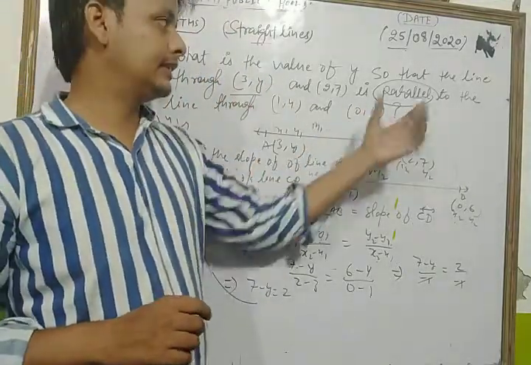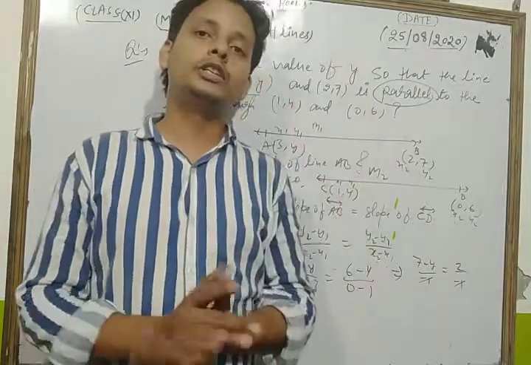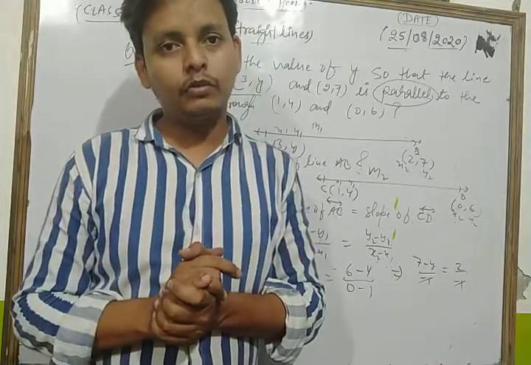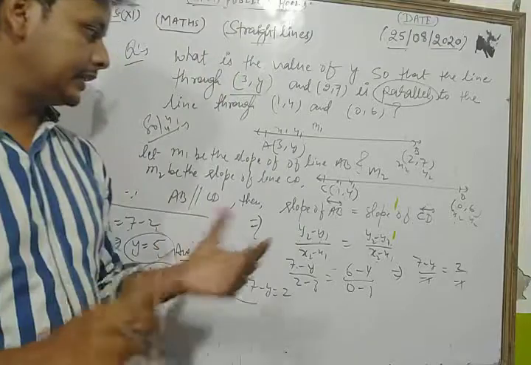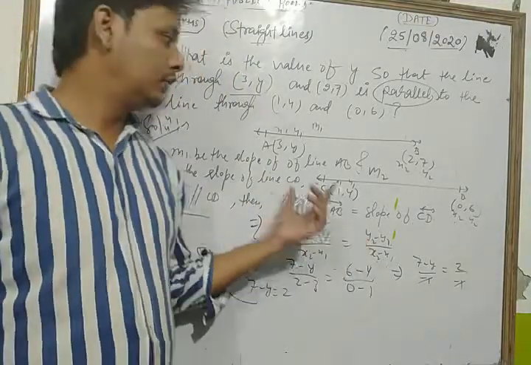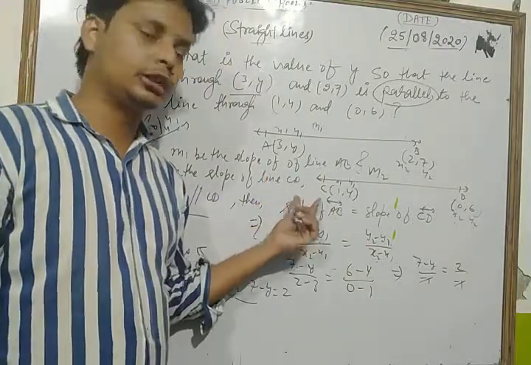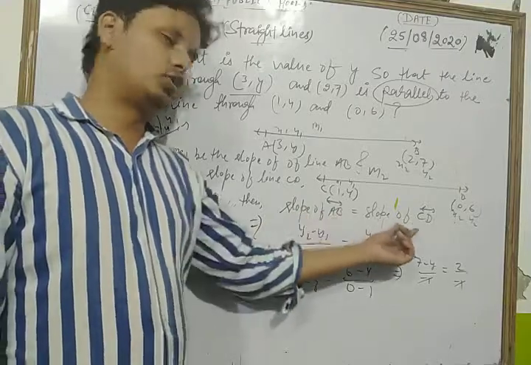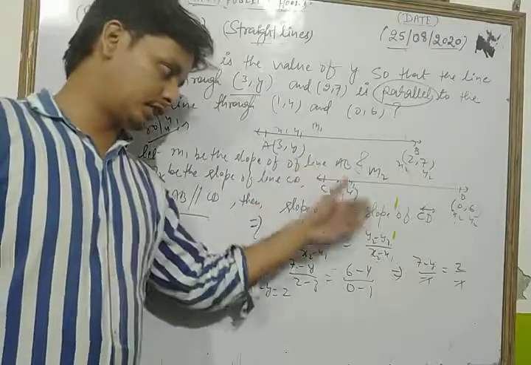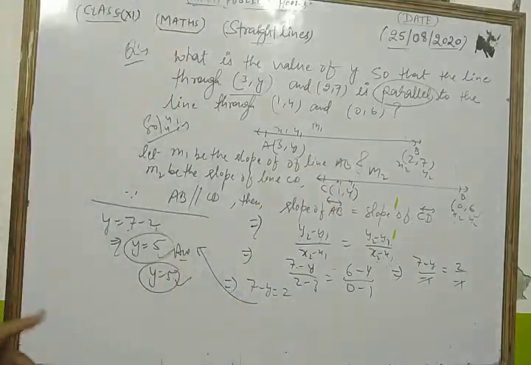But one important condition is that both lines are parallel to each other, and if two lines are parallel, then their slopes are the same. So we apply the condition for parallelism: slope of AB is equal to slope of CD. Using the slope formula and solving this equation, we get our result.